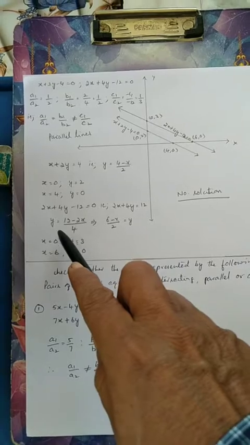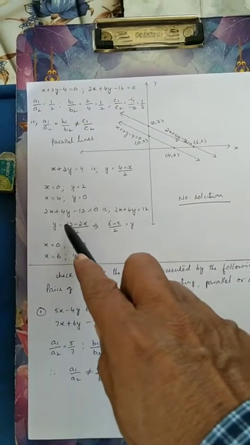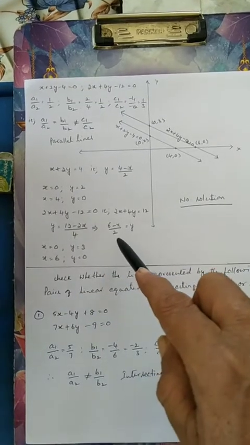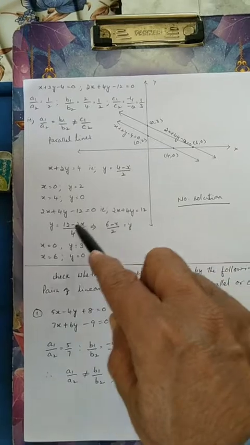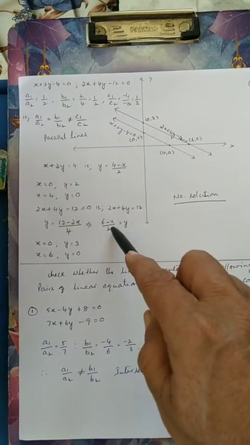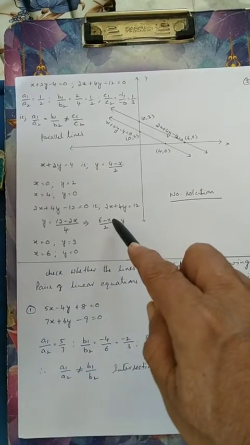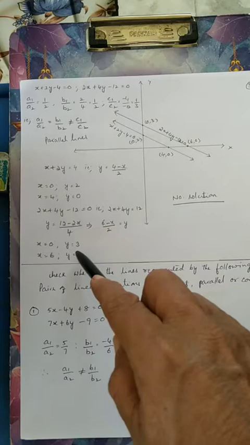If you make y the subject, y is equal to 12 minus 2x by 4, and if you take a 2 common, we get the equation y is equal to 6 minus x by 2. If you take x is equal to 0, then 6 minus 0 is 6, so 6 by 2 is 3. If you take x is equal to 6, then 6 minus 6 will be 0, and 0 by anything will be 0.